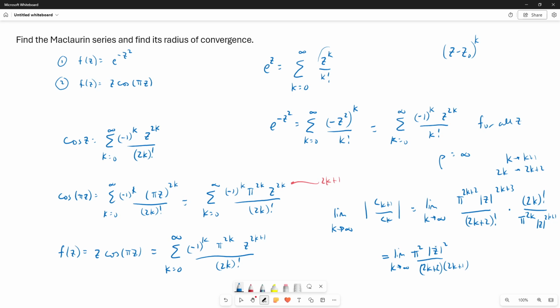Z is considered a constant in this limit because k is going to infinity. So the denominator goes to infinity, the numerator is a constant. We have a constant over infinity, which is 0, and so therefore the radius of convergence is infinity. So it converges for all z.